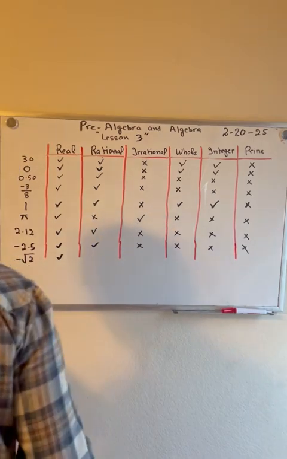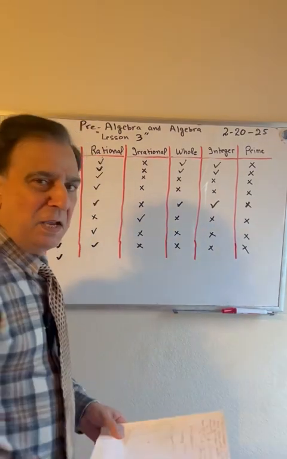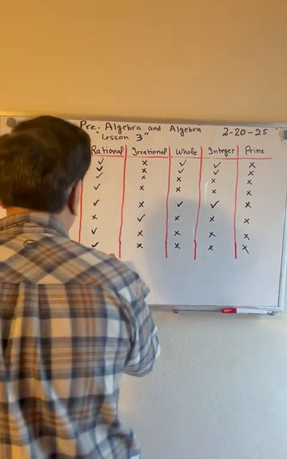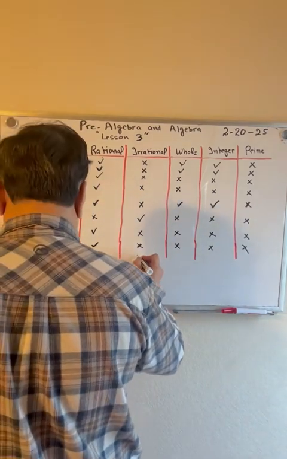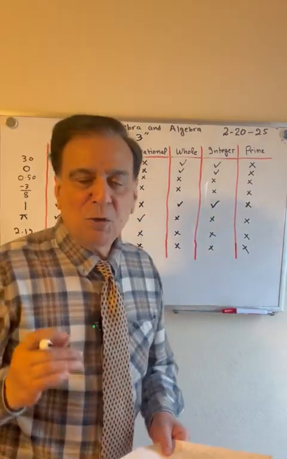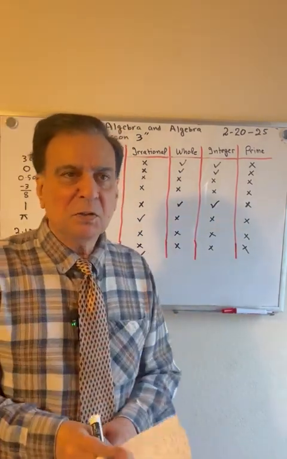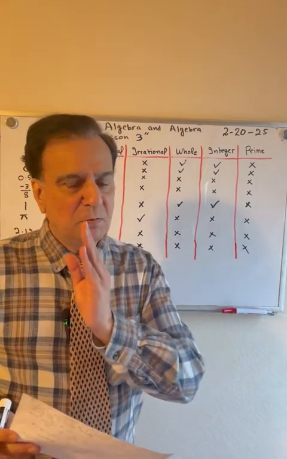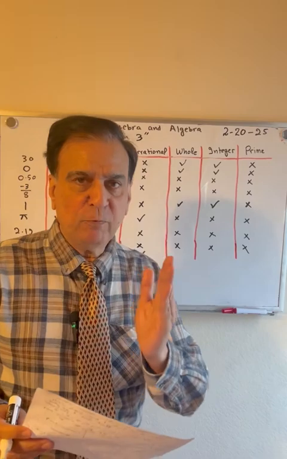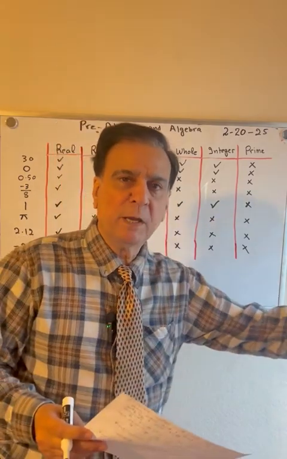Is it a rational number? I ask you, is it a rational number? No, it's not a rational number. Is it an irrational number? Yes, it is. It is an irrational number, because in irrational numbers, for example the square root of 2, 1.4142, it keeps on going.